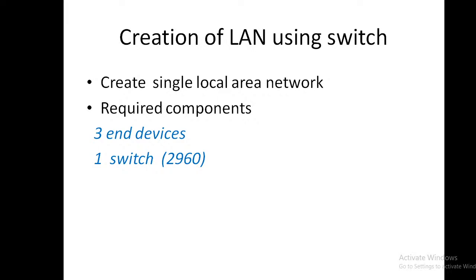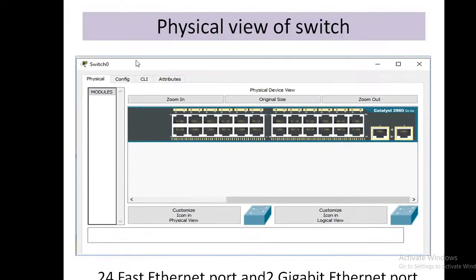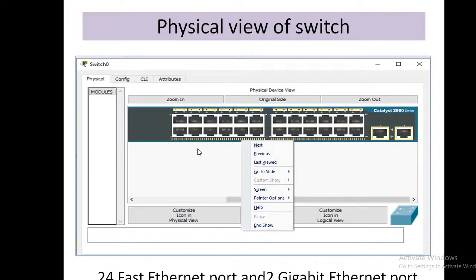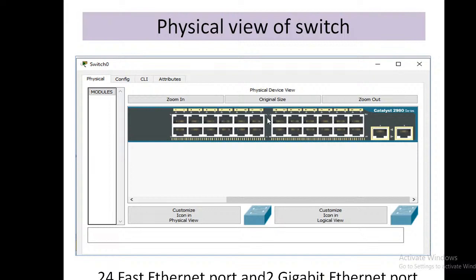Okay. Now when you are using this type of switch, one thing you must have knowledge of is the physical view of this switch. These are called the fast Ethernet ports, and there are 24 ports for fast Ethernet connection, and two ports are used mainly for gigabit Ethernet.